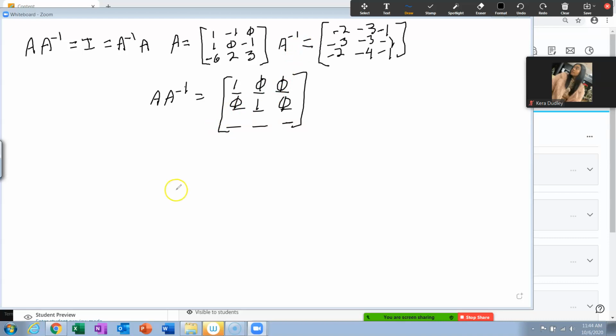And now what I'm doing is A times A inverse. If this is indeed the inverse of A, then the product of those two should be the identity matrix. And so far so good. We're down to the point of third row, first column. So third row of A times the first column of A inverse would be -6 times -2.